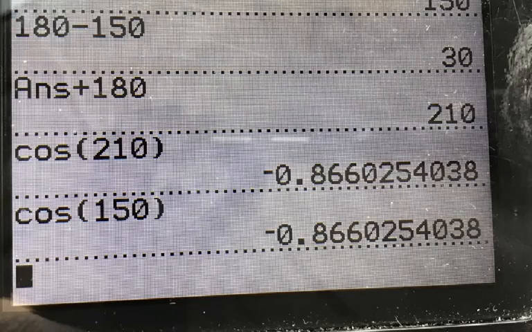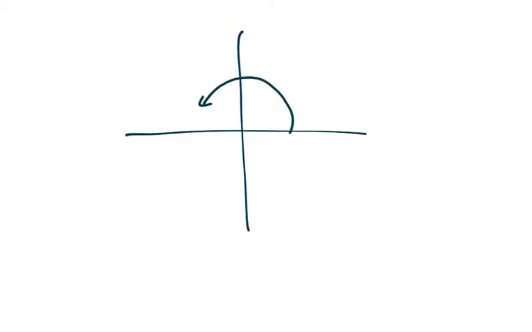Okay, well, what that means is, you see, here's my coordinate system. I just figured out if I did 150 degrees right here, I know I got one of my answers, negative square root of 3 over 2. Okay? Well, do you agree that the reference angle, we like to call it, right here, is 30 degrees?